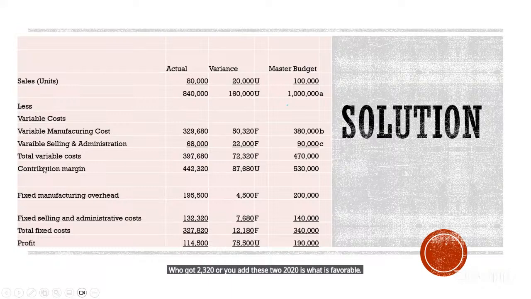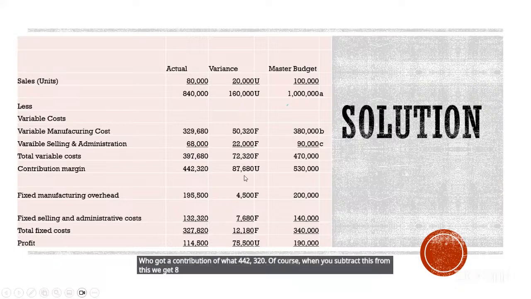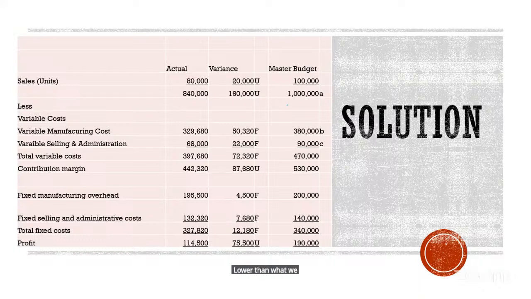Now, our contribution margin: we said we are going to get a contribution of 530,000, but we got a contribution of 442,320. When you subtract this from this, we get 87,680, which is unfavorable because our contribution is lower than what we budgeted.